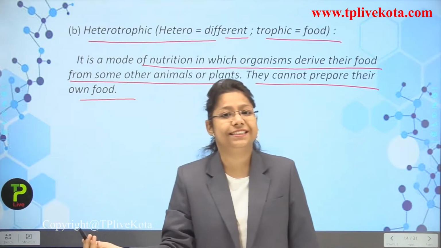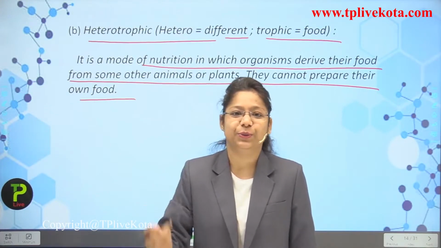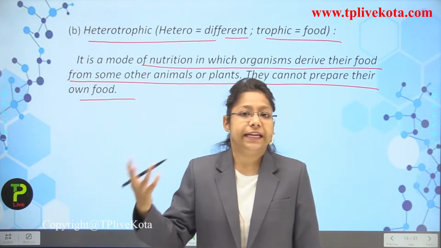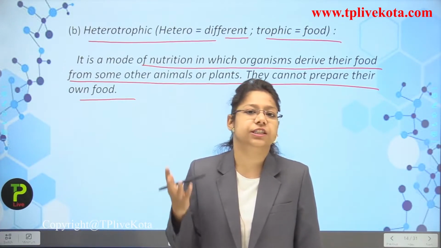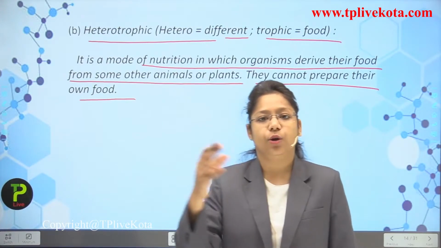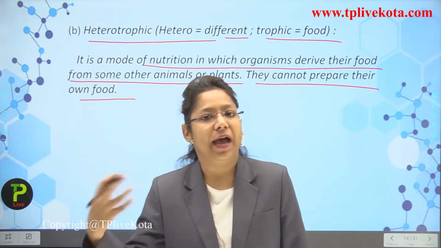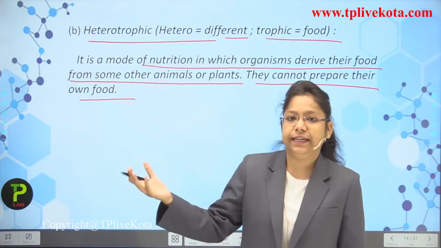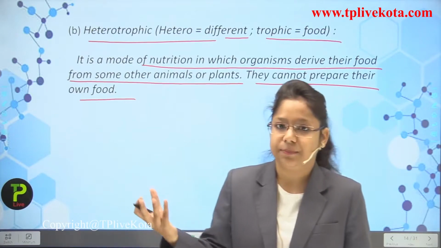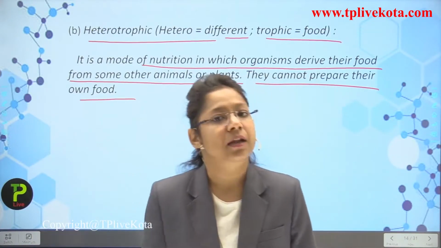The best example is me or you. Human beings eat the food which is produced by the autotrophs, that is plants. Now we talk about the animals also. Animals usually eat plants, but they are carnivorous also. They are dependent upon non-veg material also.